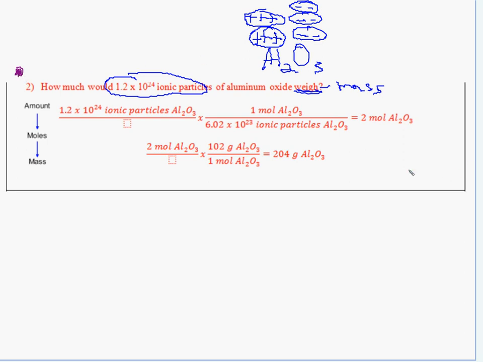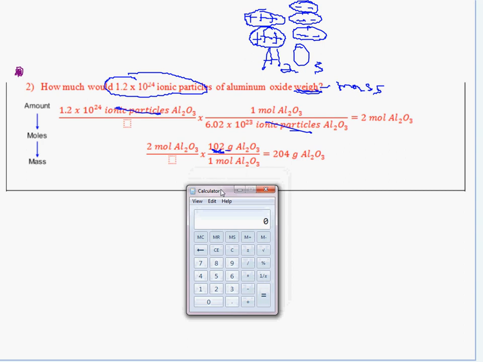Okay, so first we go to moles, so we use Avogadro's number. Ionic particles cancels out, and we get moles. Now we gotta go to mass, so we gotta find the molar mass of aluminum Al2O3.